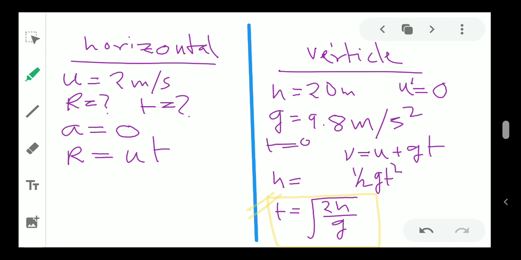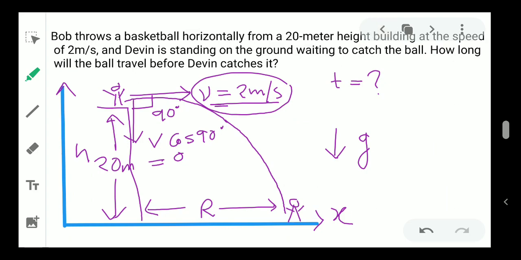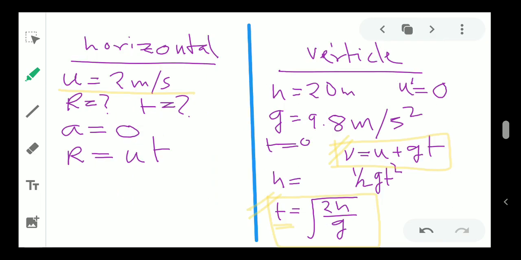Now once you get t, using this formula you can also get the vertical velocity with which the ball will go down. You know the horizontal velocity will not change, but the vertical velocity will increase because of gravitation, because the vertical velocity here was 0 and because of acceleration it is increasing, and that we can find out using this formula.